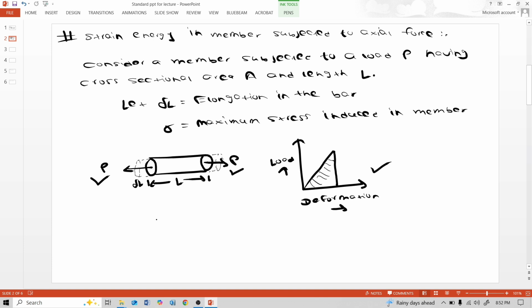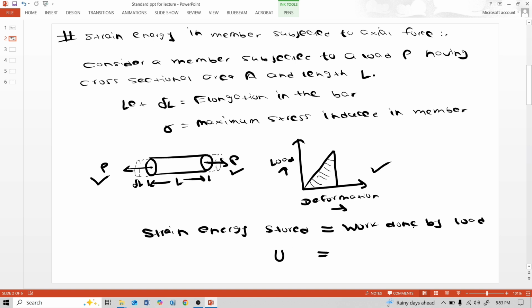That means strain energy stored is equal to work done by the load. Strain energy is denoted as U, and it equals the work done by the load.